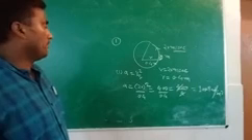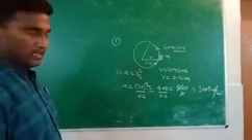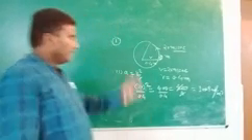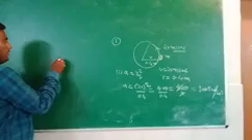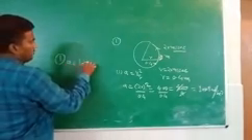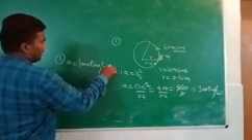Now if we want the value of the angular velocity of the particle moving around the circular track, we can easily identify it. We know that the centripetal acceleration is 1000 meter per second square.